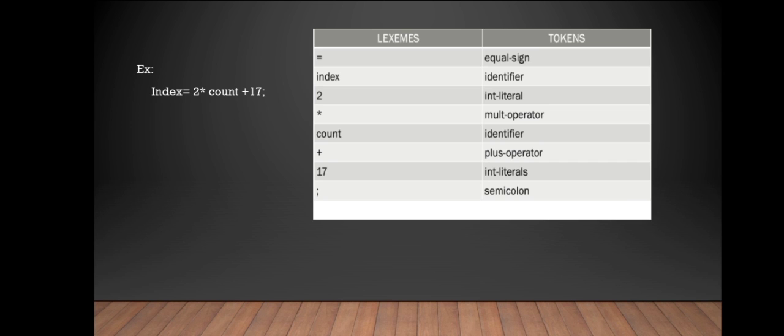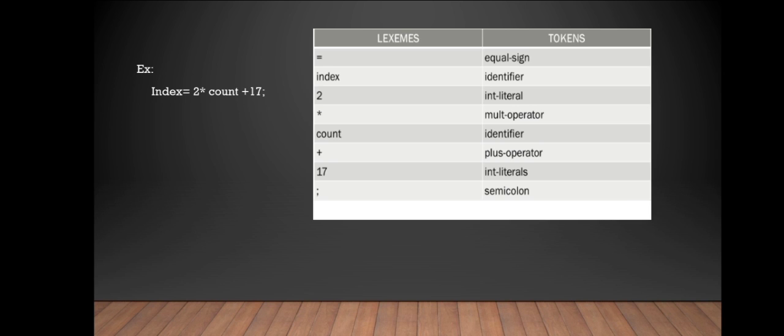So here is the table that includes lexemes and tokens. In lexemes, the equals sign is a symbol, while in tokens it is a word, which is equal sign.